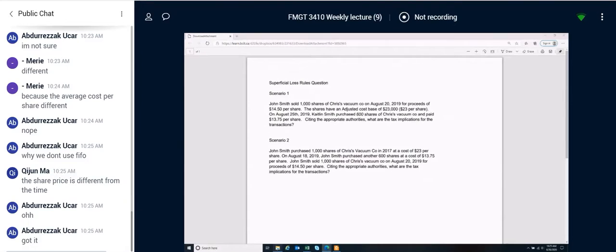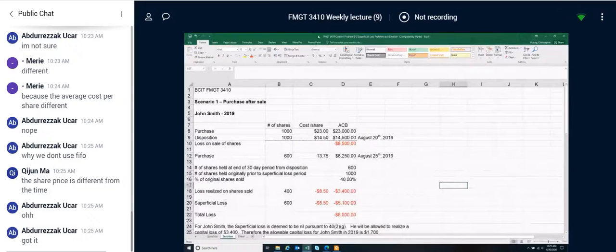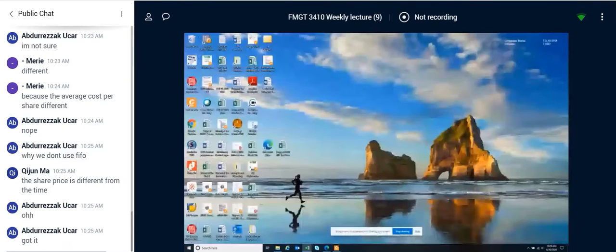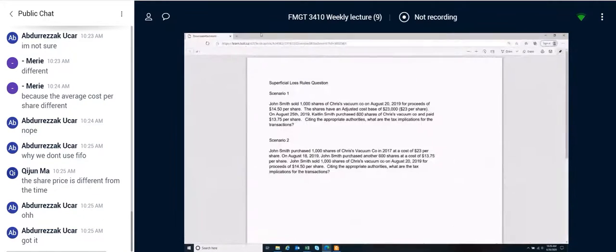So if we go through the question, before we go into the numbers, who remembers what the 4 triggers are that have to be met in order for you to have a superficial loss rule?